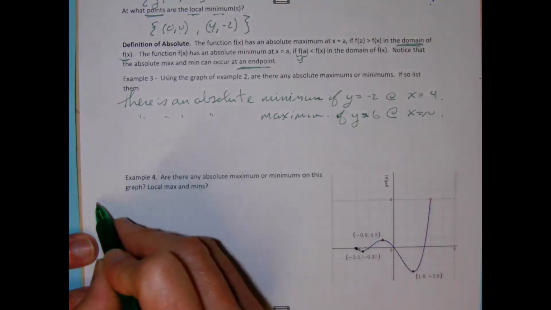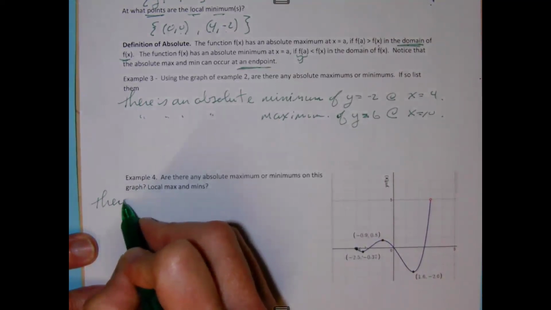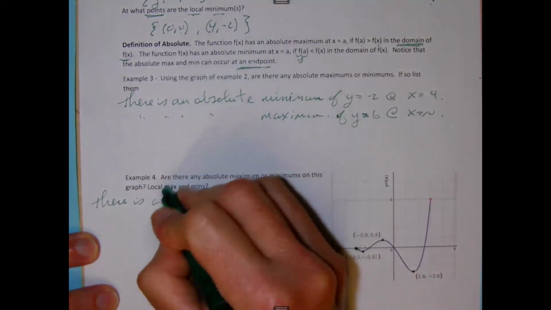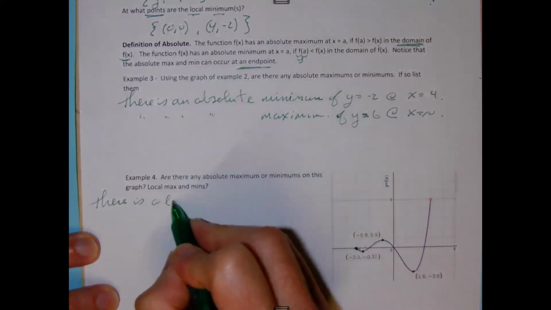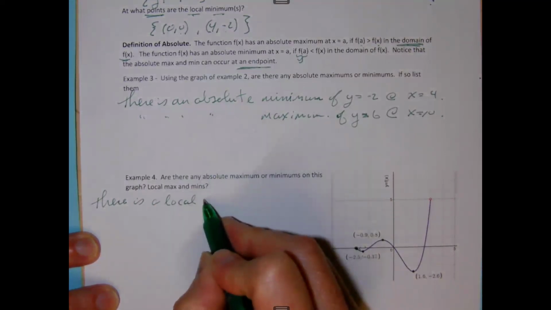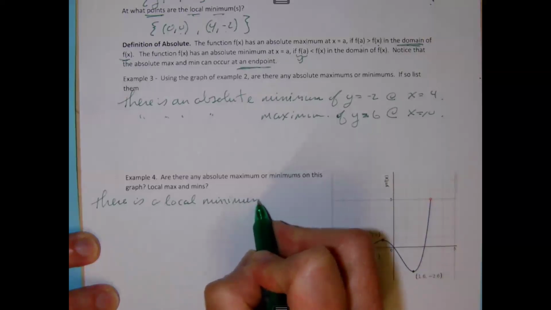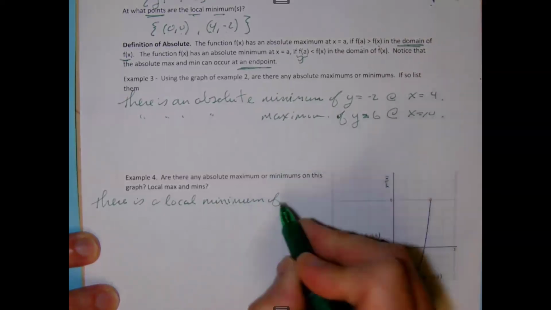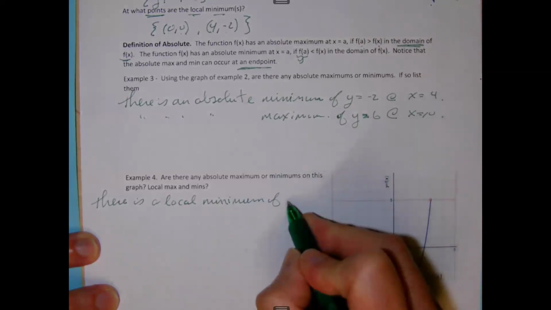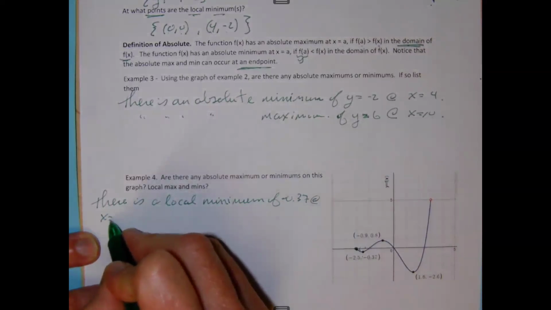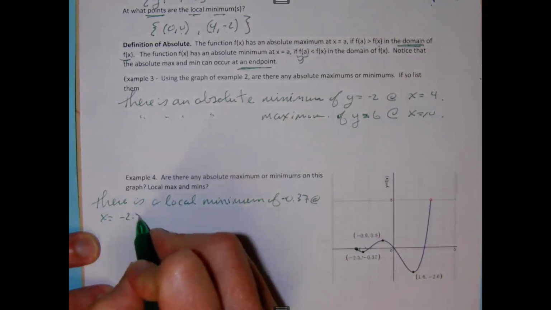Looks like there is a local minimum of 0.37 negative meters at x equals negative 2.5.